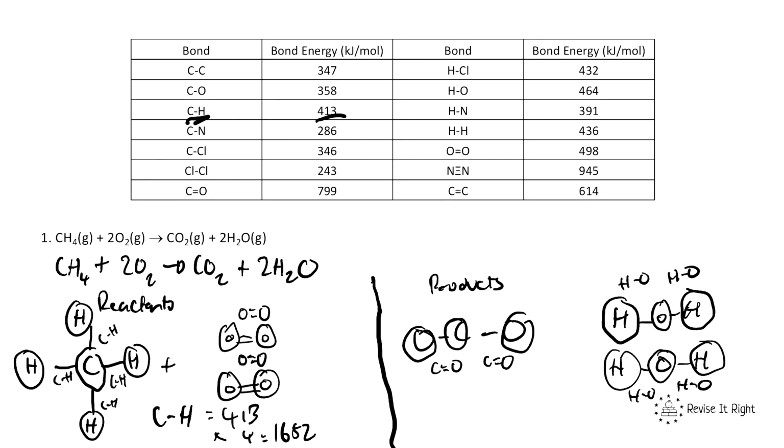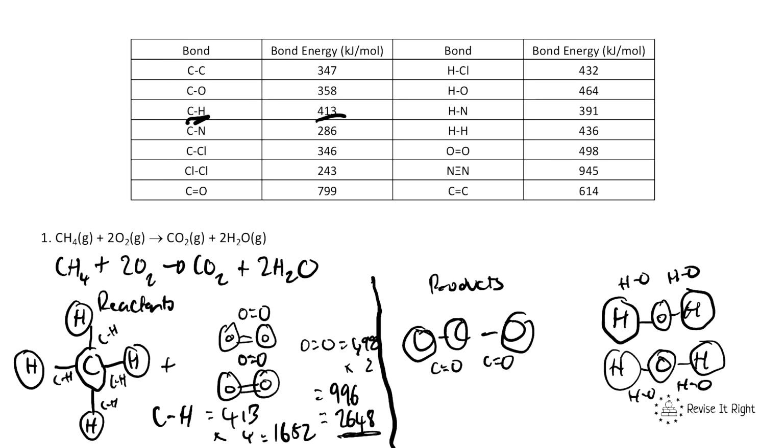And then we've got 2 lots of O=O bonds, and O=O is 498, and we've got 2 of those, so we do 498 times 2, and that gives you 996. To work out the total, we add those together, so 996 add 1,652, so it takes 2,648 kilojoules per mole of energy to break the initial bonds.